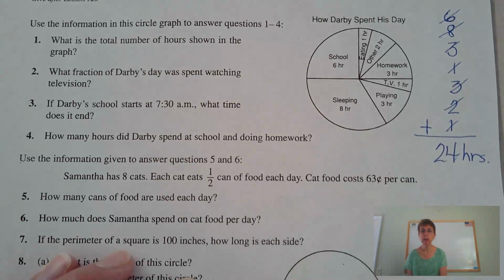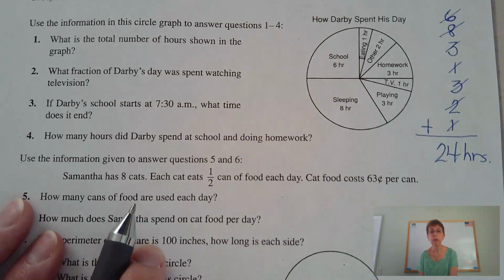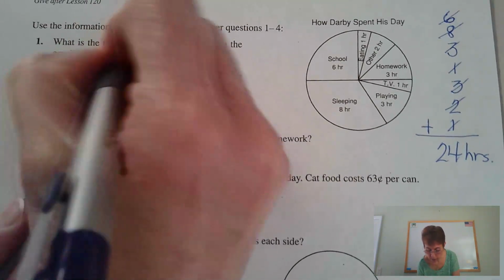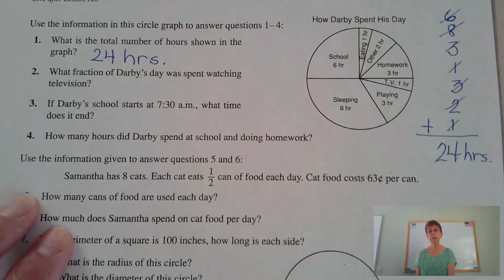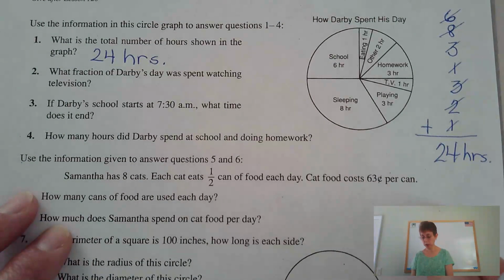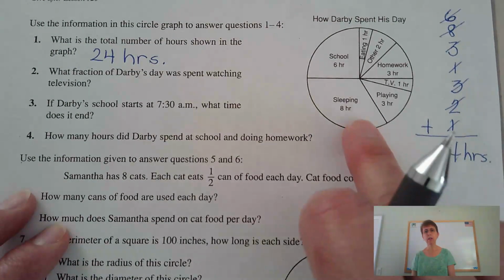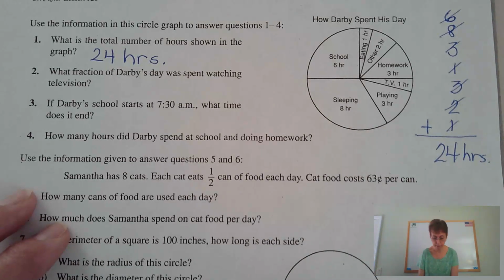So you can see that this is correct, and that since this is how he spent his day, there is a total of 24 hours. If you total this up and you didn't get 24, either you made a mistake with your addition, or it would tell you to take another look at the graph, and perhaps a mistake was made there.